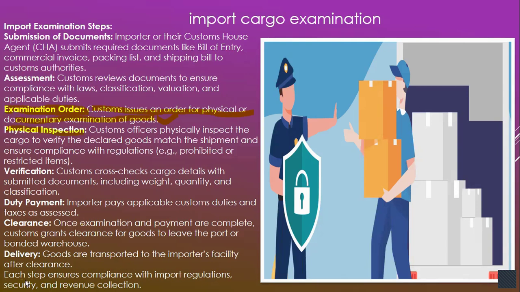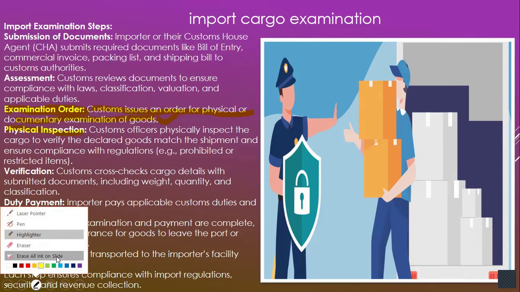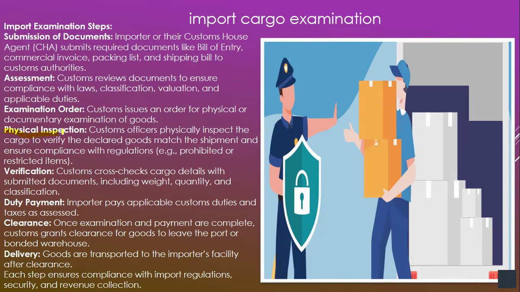Then physical inspection. Physical inspection means that the goods are physically checked by the government officer. The customs officer physically inspects the cargo to verify that the declared goods match the shipment and to ensure compliance with regulations and prohibited items. As per the foreign trade policy, some goods are prohibited and some goods are restricted, which cannot be imported or exported without special permission, or are not allowed at all.